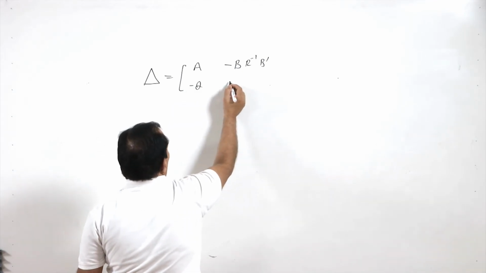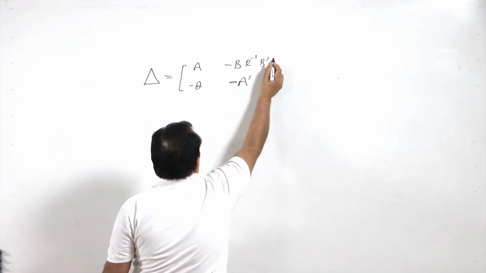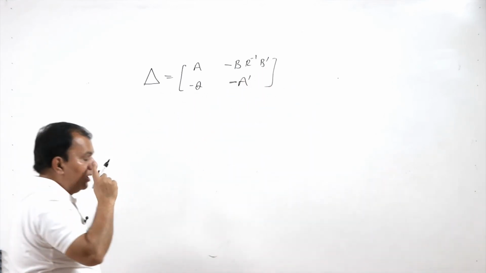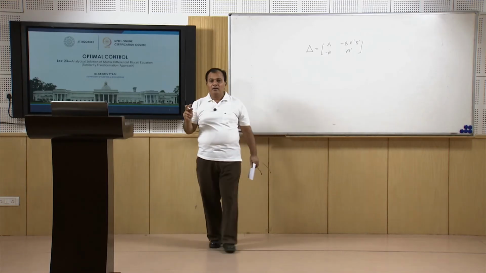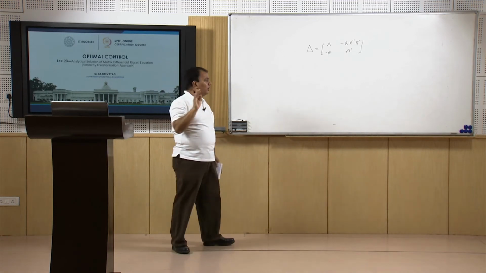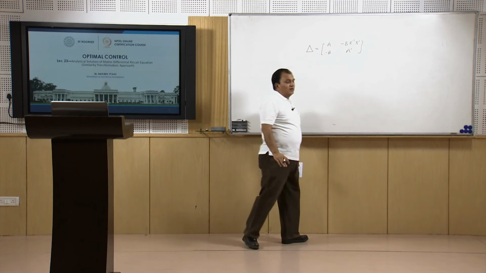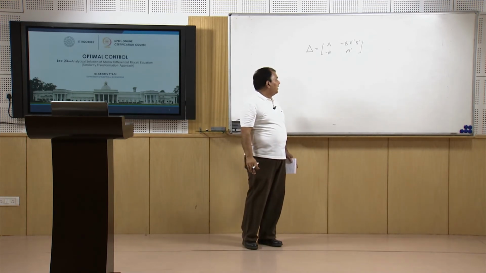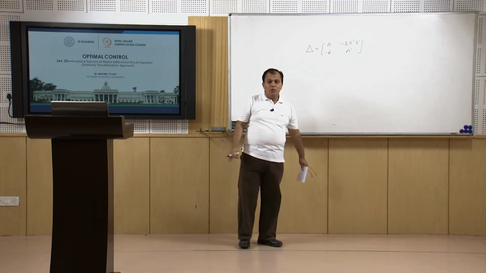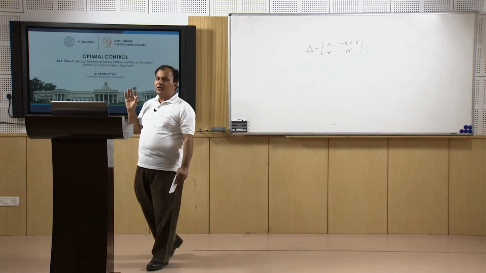In all these expressions I have dropped the t term only for convenience and easy representation; otherwise my matrices A, B, R, Q are all time varying and depend on t.